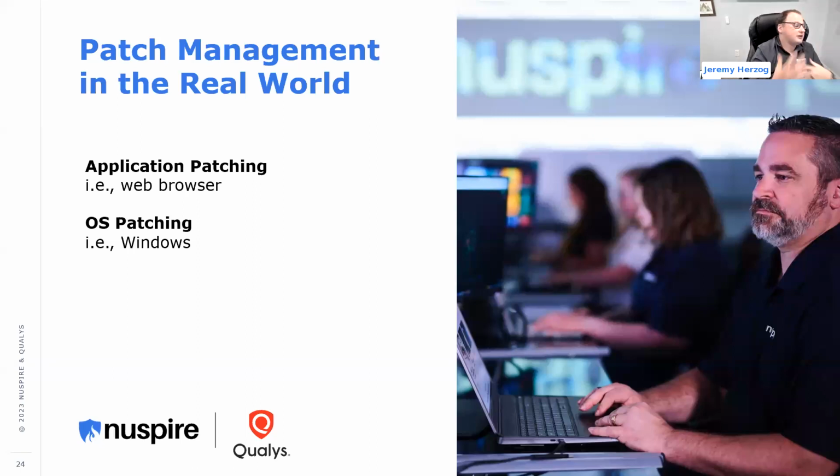Those a lot of times will have a different patch management strategy than the native OS patching, where a lot of times IT teams, especially for medium and smaller size organizations, are really up on the OS level patching, the Windows patching, right? Because of tools like SCCM and tools that are readily available out there.